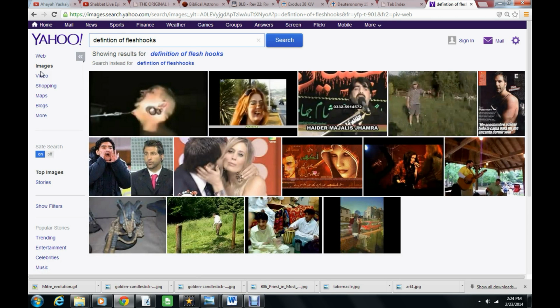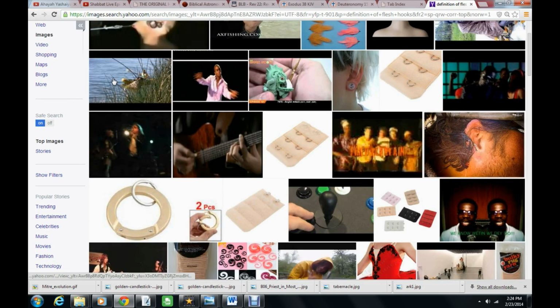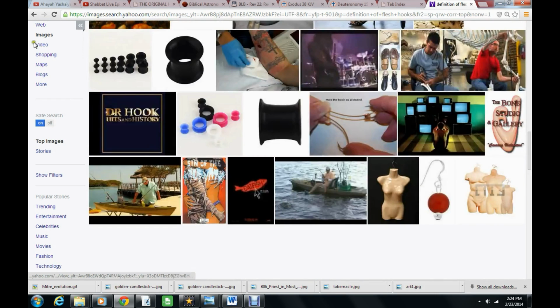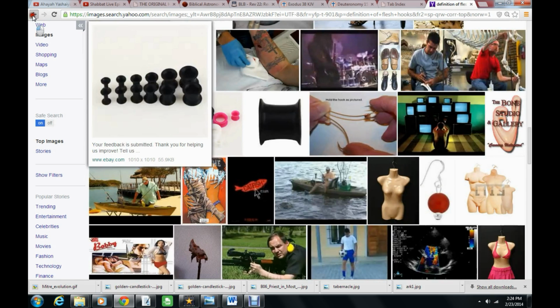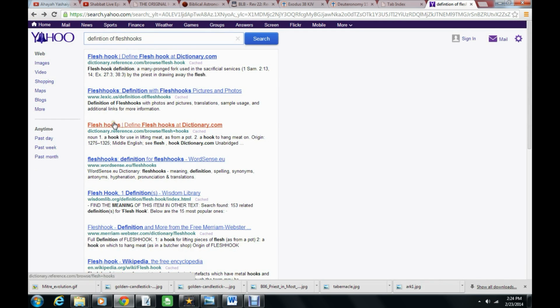Hold on 1 second, guys. None of these are it. Let me see if they call it like this, flesh hook separate. Man, they don't have a picture of it right here. Let me see if I can find it.